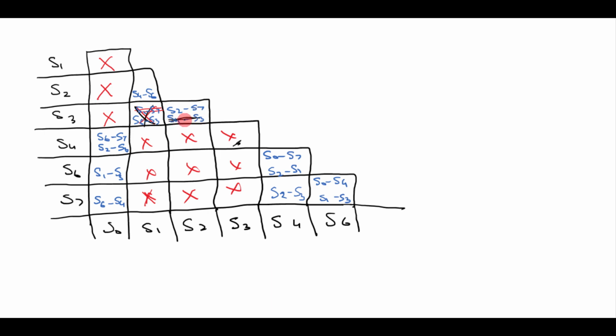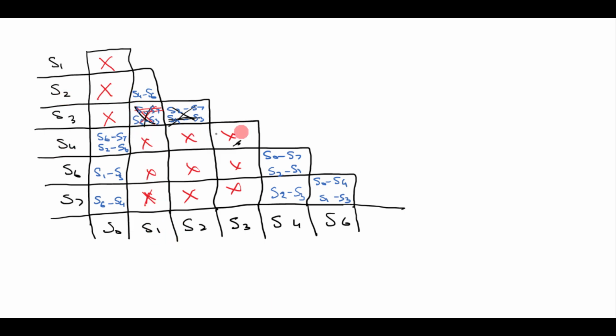If this pair cannot be equivalent, S3 and S2 cannot be equivalent. Let us see S4 and S6. Here S4 and S6, we are not sure about it. That's why we can't say whether S2 and S1 are equivalent.